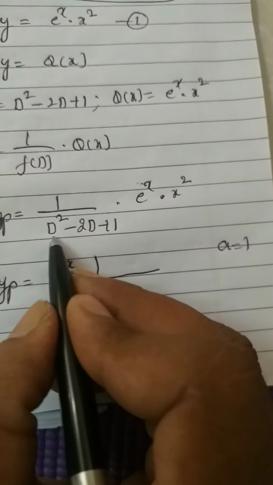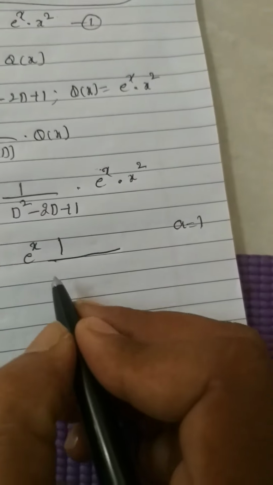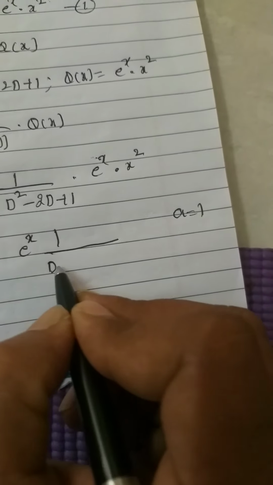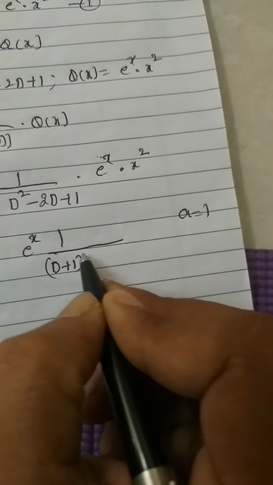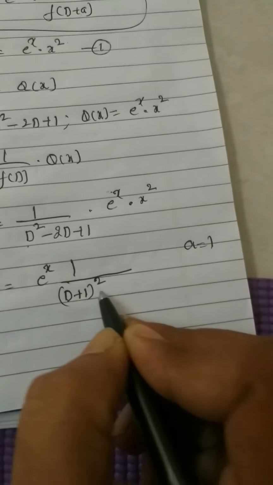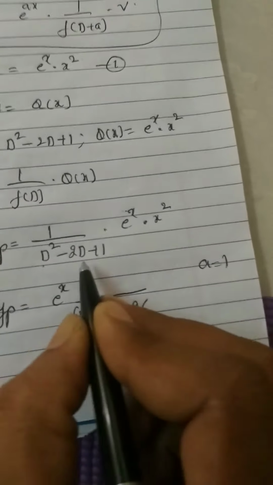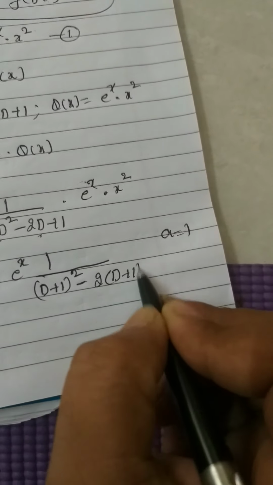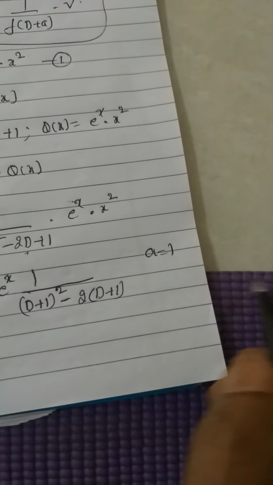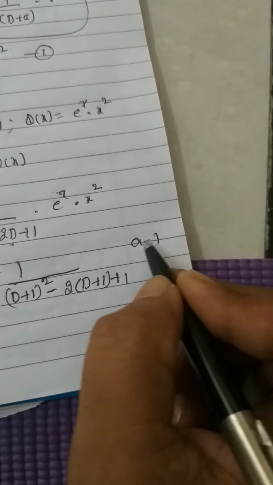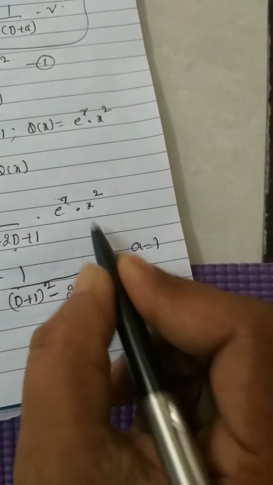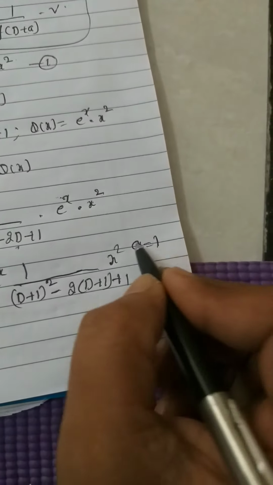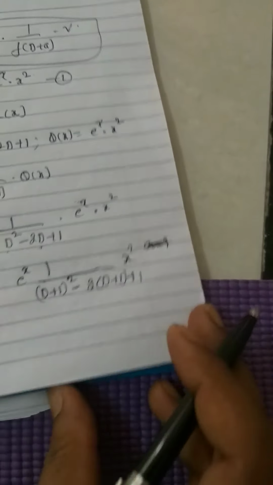Now D is replaced by what? D plus 1. Remember, D is replaced by D plus 1: (D plus 1) whole square minus 2 into, again this D is replaced by D plus that 1, since the value of a is 1, plus 1, into the remaining thing, x square as it is.